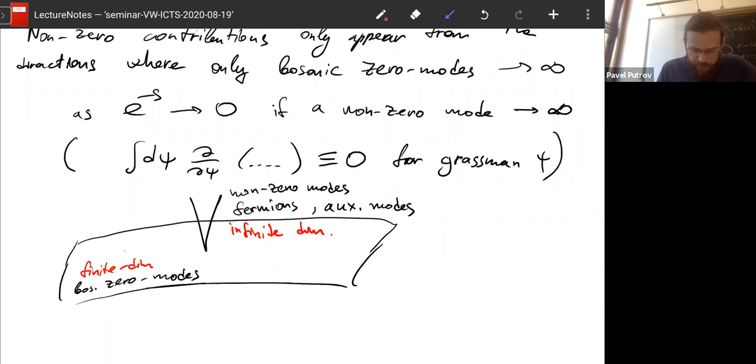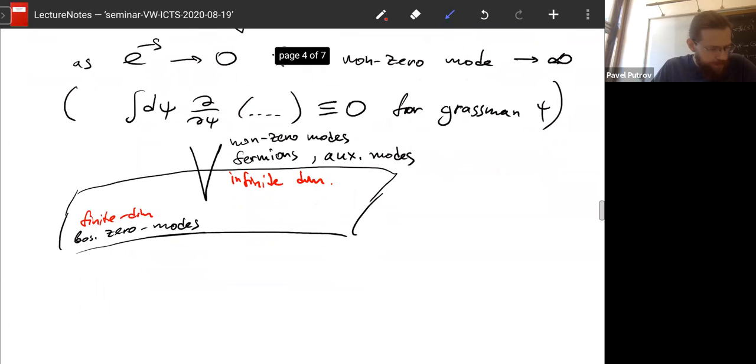The statement is that when we consider the boundary, we are only interested in the boundary of this finite dimensional space, because in all these other directions we cannot get a non-zero contribution. So we should stay here to get a non-zero contribution.